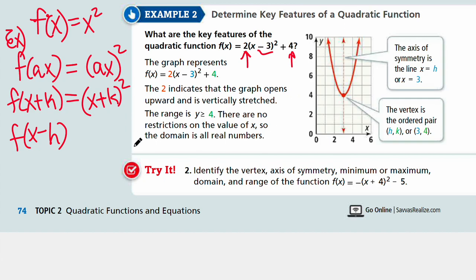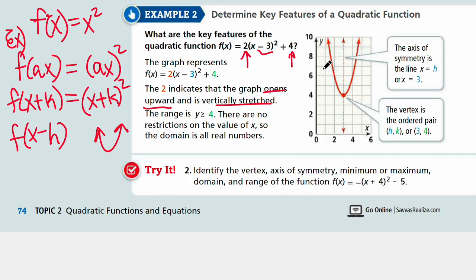Your parent function x squared looks like this, right? It's facing upwards. Because we have a stretch by positive 2, the graph still opens upward, and it's also vertically stretched. It's important to know where it opens and how it's stretched or compressed, by 2 here.